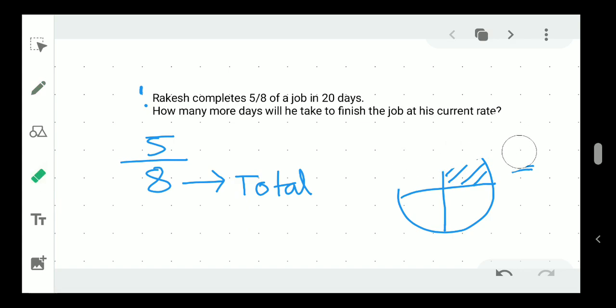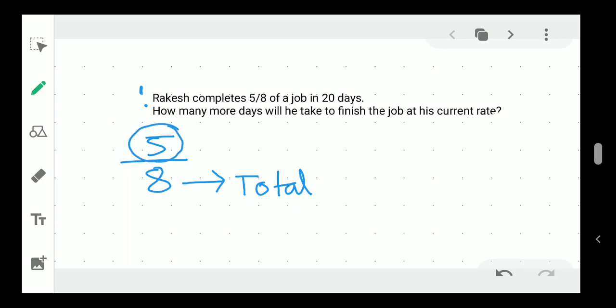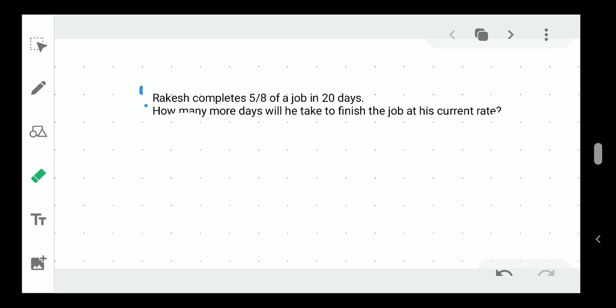So in this case also, our total is 8, whereas Rakesh completes only 5 portions of that. So to complete the total work, Rakesh has to do 8 by 8. He has done 5 by 8, but as the total is 8, if Rakesh does 8 by 8, then the work will be complete.